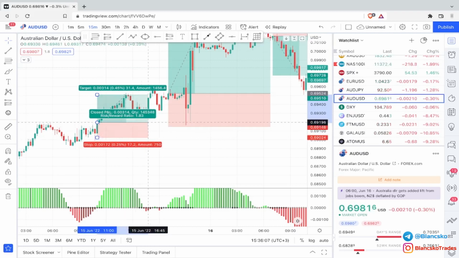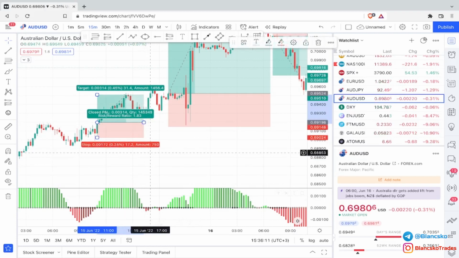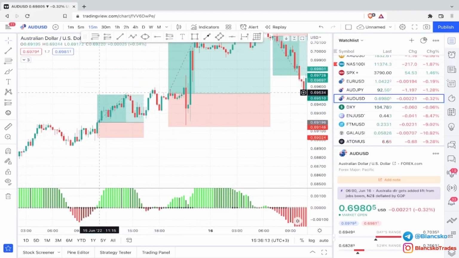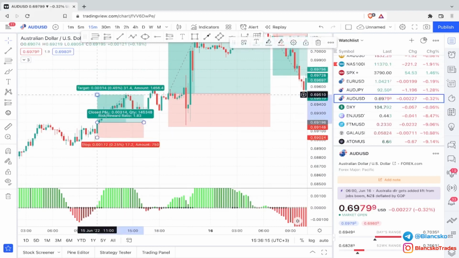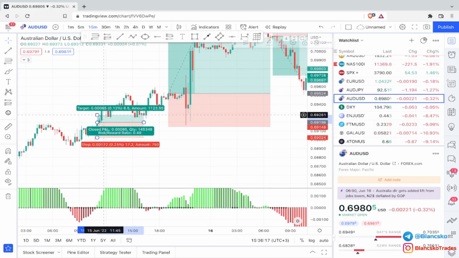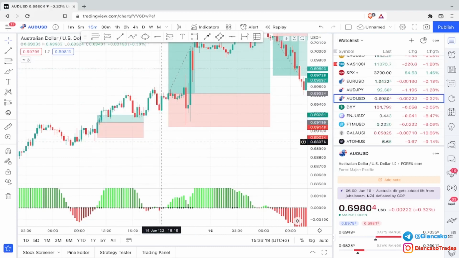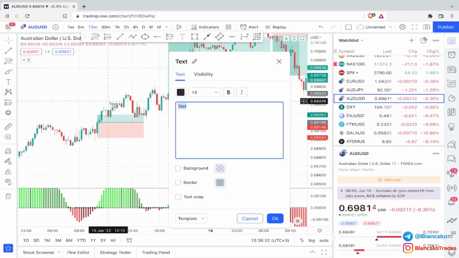Well, we would have exited right here on this small doji candle, and this would have been a very small profit, as you can see, but no drawdown either. This would have been a $90 profit, around that, but no drawdown either.